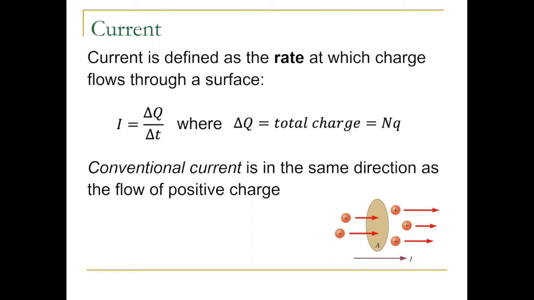However, we learned later that it's actually electrons flowing through the circuit, so the electron flow is in the opposite direction of the conventional current flow. For all questions involving circuits, we're going to stick to conventional current, but recognize the fact that it's actually electrons flowing through the circuit.